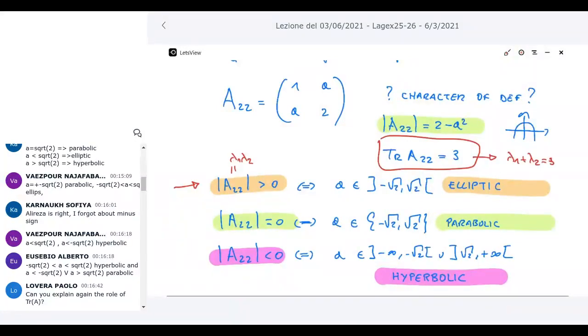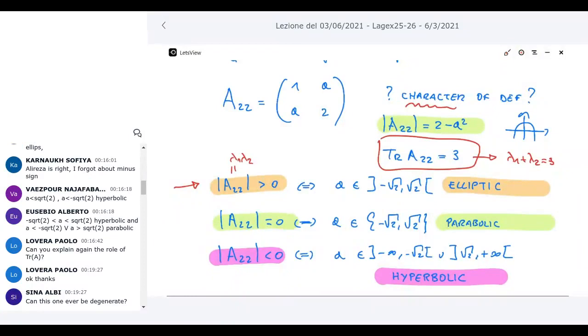So if you want to study the character of definition, you also need the trace. But to study the type of the conic, it's enough to know the sign of the eigenvalues with respect to each other, same sign or opposite sign. Okay? Good. And now these are the 3 descriptions.